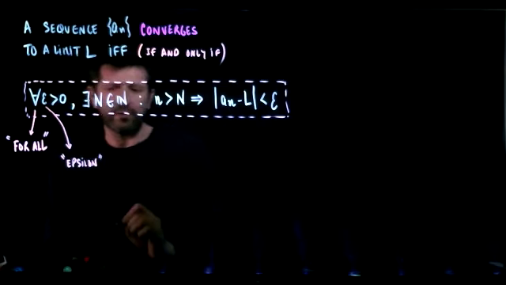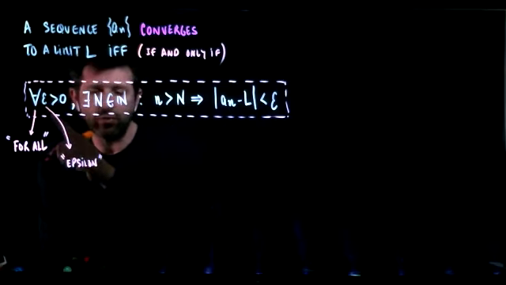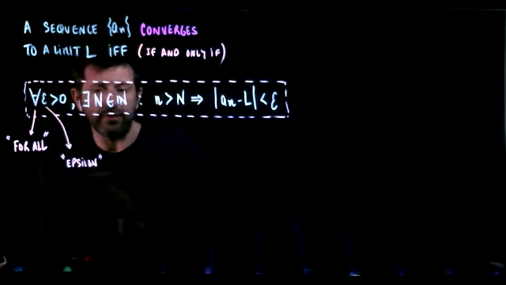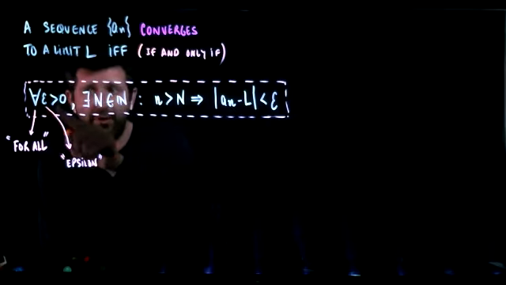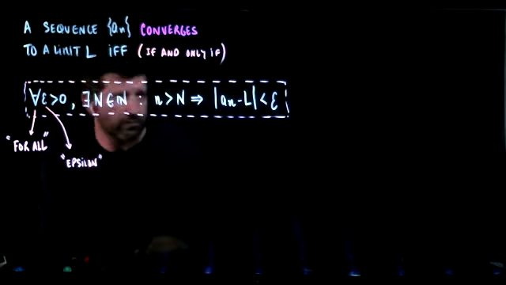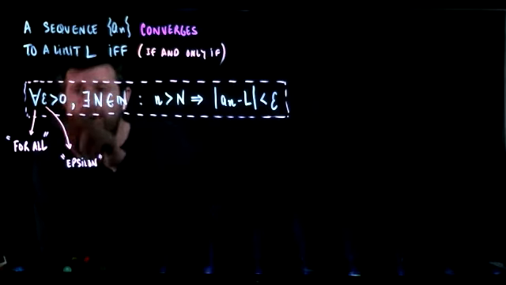It's a Greek letter. We usually use it to identify a small number, a very, very small number. So for any small positive number, that's what it says. For any number epsilon, it's very small.